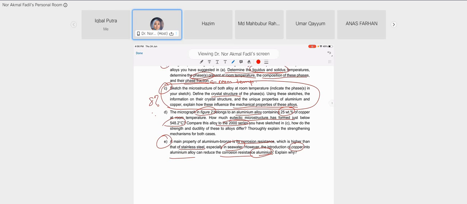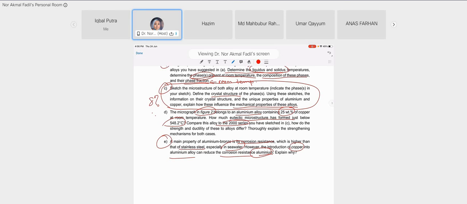That basically reduces a bit the corrosion resistance of this alloy, as compared to aluminum. Because if it is just aluminum, it's dominant on the ability to form alumina.